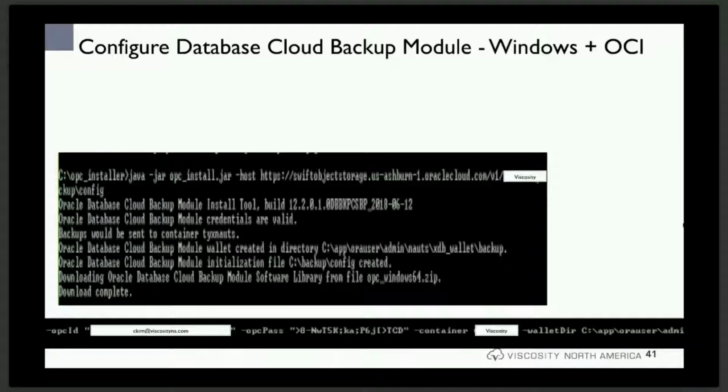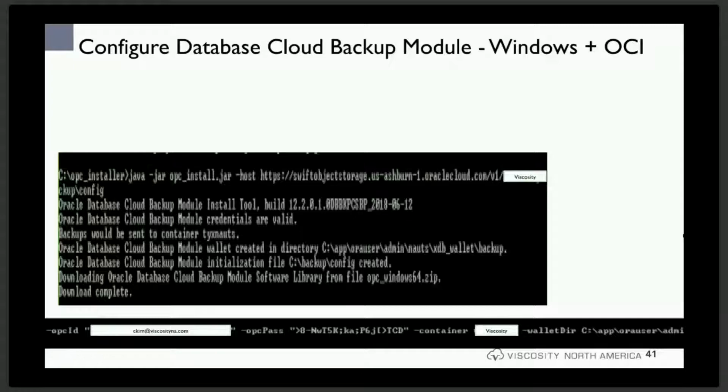Also, the fundamental difference between Linux and Windows is that as you specify the OPC ID and OPC password, it's double quoted on Windows, whereas in Linux it's single quoted. That will actually make quite a bit of difference.